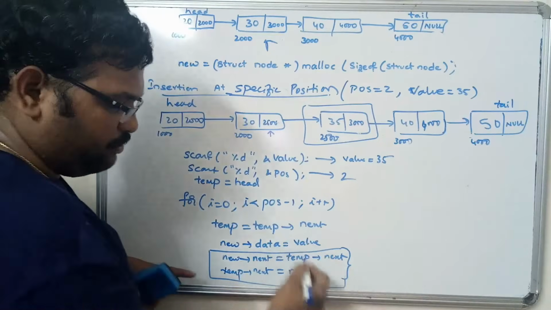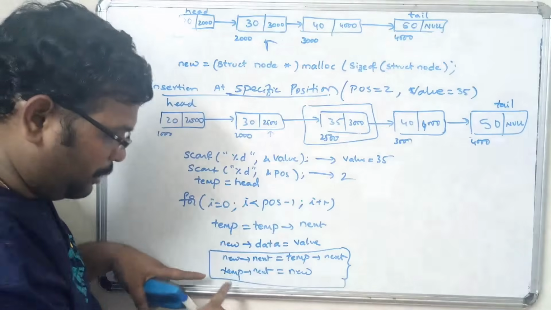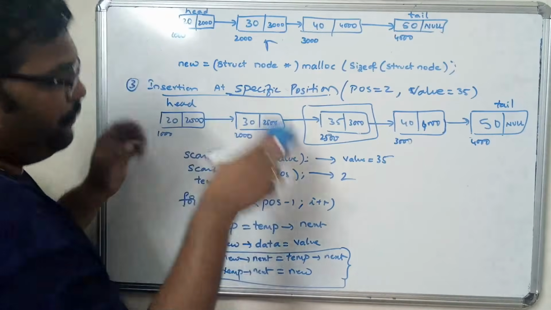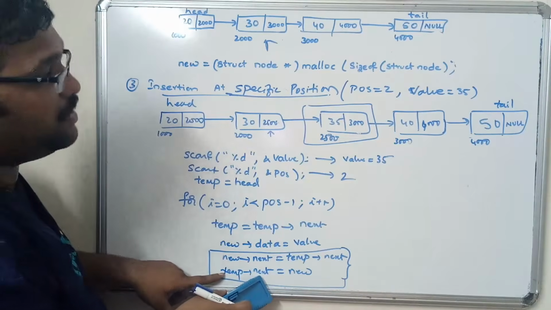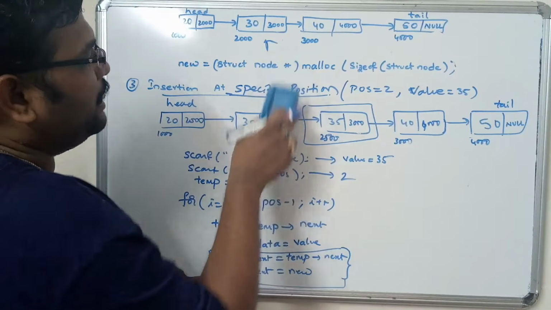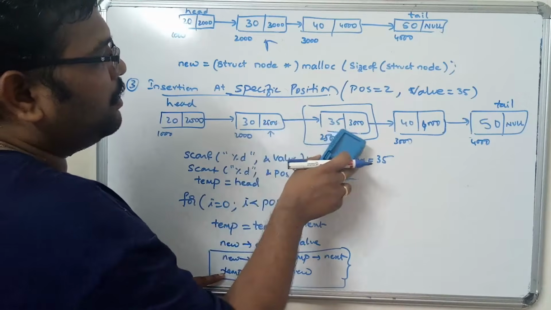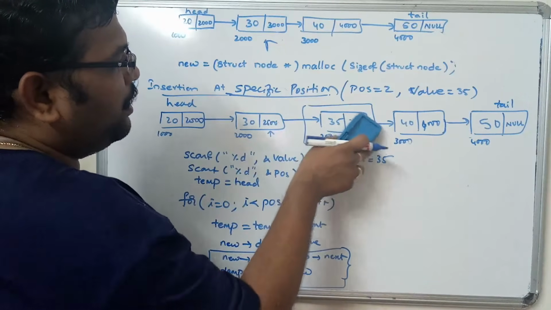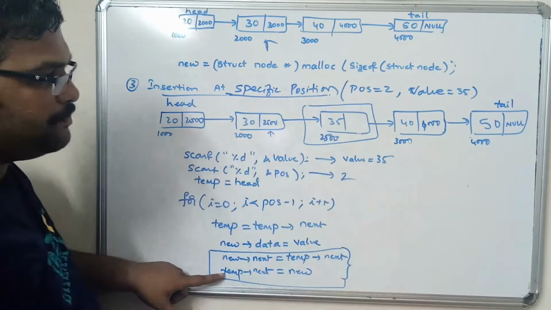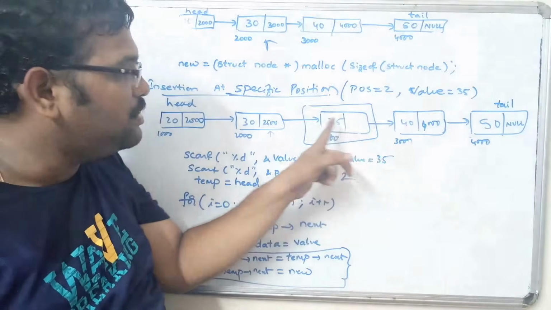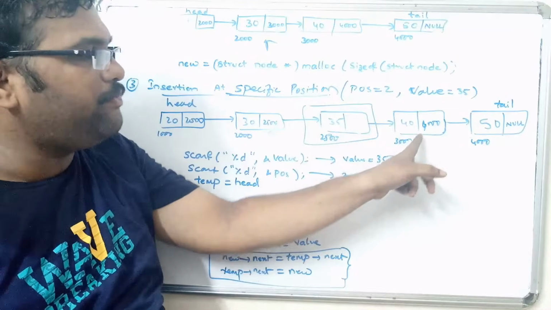If you reverse this, that means if you perform the statement temp of next is equal to new first, automatically here it will be 2500 and this will be null. And what address should be placed here? Because we lost the address of 40.